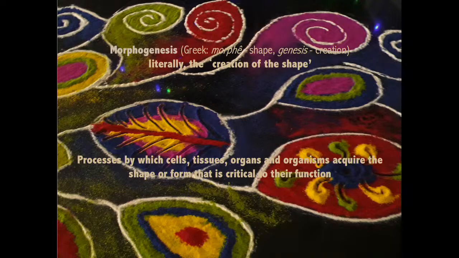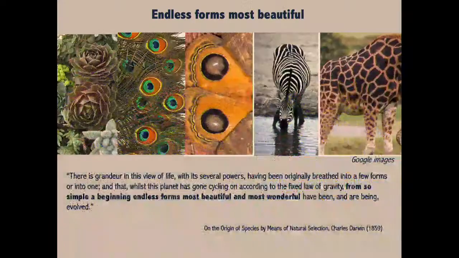So by now, all of you know what morphogenesis means, and it's literally the creation of shape. Morphogenesis refers to processes by which cells, tissues, organs, and organisms acquire the shape or form that's critical for their function. And again, Shashi already spoke about form and the endless varieties of beautiful forms that Darwin alluded to in his famous book.